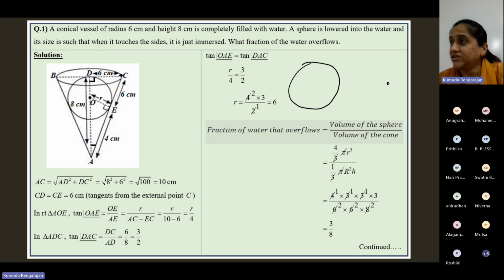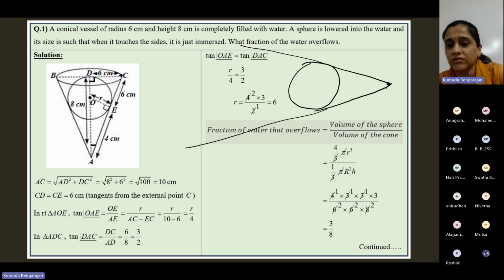There's a point here. Now, you can draw two tangents to the circle like this. What is a tangent? A tangent is a line that touches the circle at exactly one point. It goes on, you can even produce it like this.